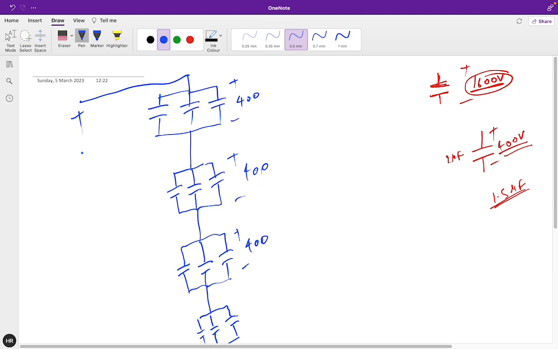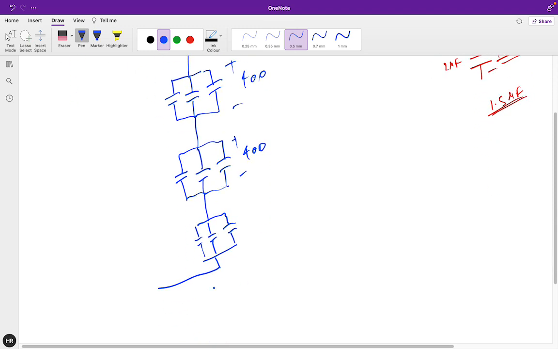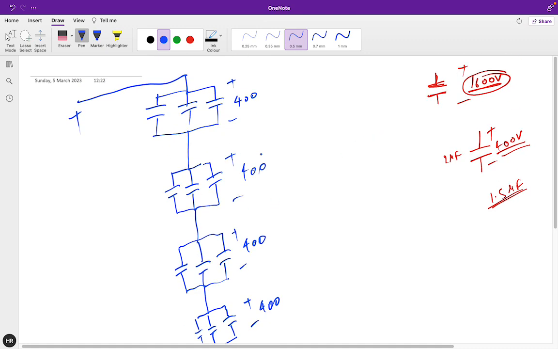So overall voltage, how much are you getting? 400 plus 400 plus 400 plus 400, 1600 you are getting as the overall voltage, right?